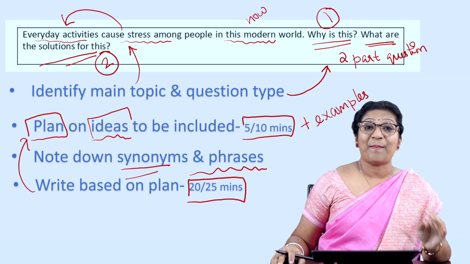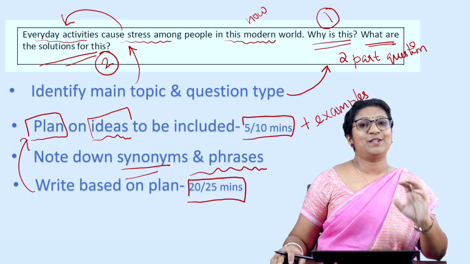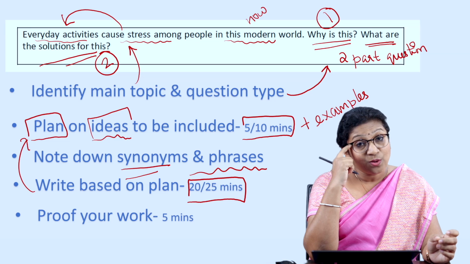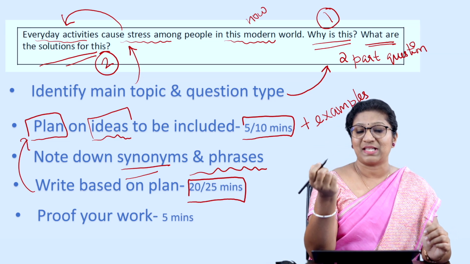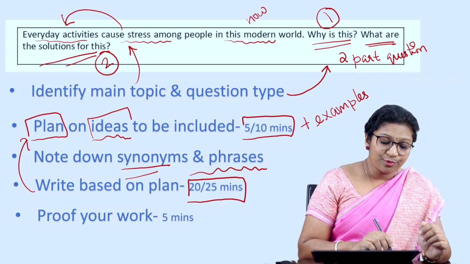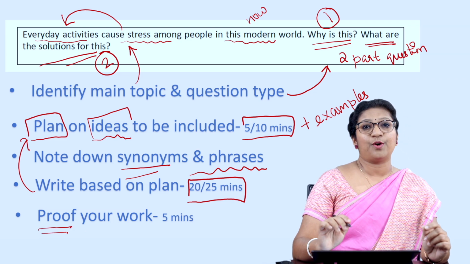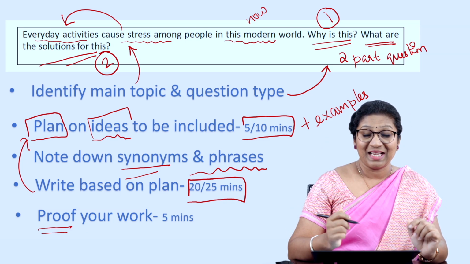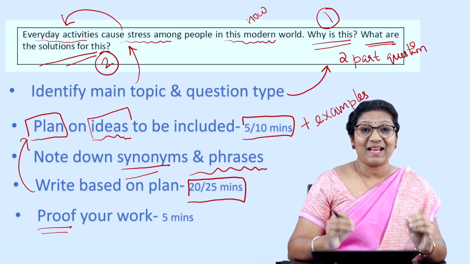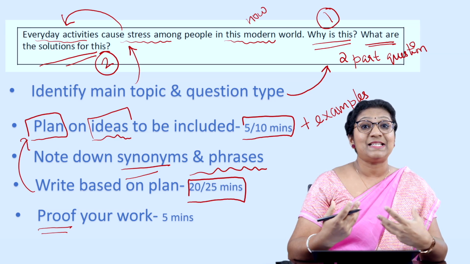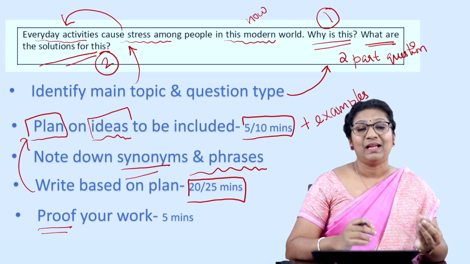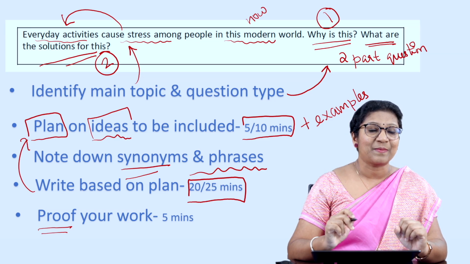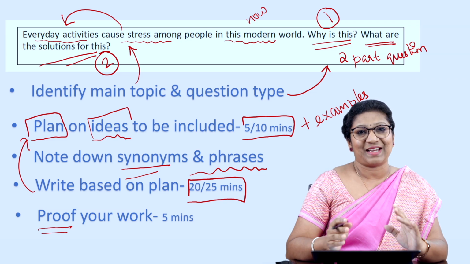And tip number 5, once you've written a full essay, what do you do? Well, this I would say is also an important step in your essay writing, and that is proofing your work. Proofing your work means reading your answer from top to bottom, carefully identifying any possible mistakes you've made, any spelling errors, grammatical inconsistencies, and as you proof and identify these mistakes, make all the necessary corrections.